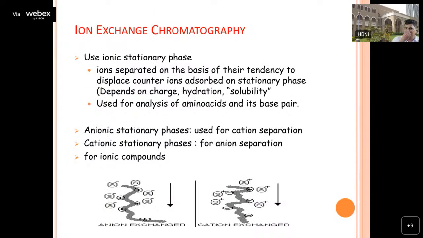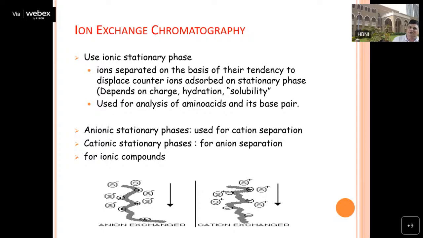Then comes ionic chromatography. This basically uses an ionic stationary phase, and the ions are separated on the basis of their tendency to displace counter ions adsorbed on the stationary phase. It depends on the charge, the hydrated radius, and the solubility, and is mainly used for the analysis of amino acids and base pairs.